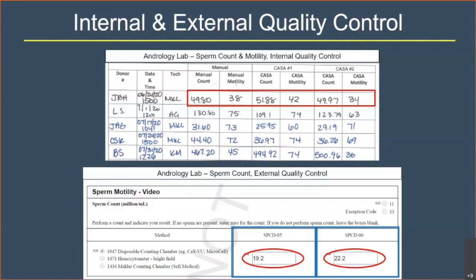The second illustration at the bottom is EQC for the sperm count, and this is a sperm motility video captured on a fixed cell chamber, which is provided to us by the EQC agency. The red circles highlight the first analyte concentration of 19.2 and the second analyte concentration of 22.2.